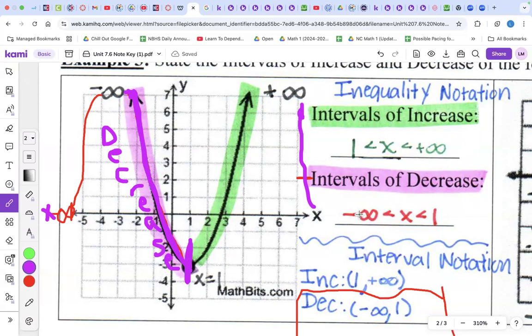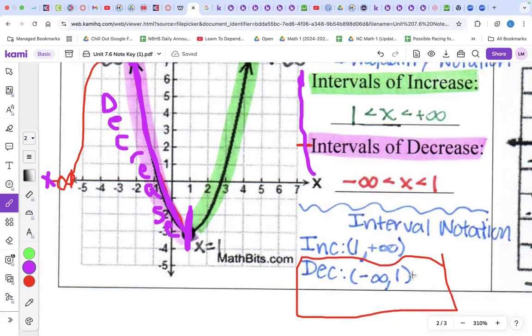You're going to see it written like this, meaning negative infinity is less than x, because this is the x, but it stops at 1. You're going to see it written in this way also, probably more, so be familiar with both of them. And since you have a 1 and an infinity, you use parentheses.